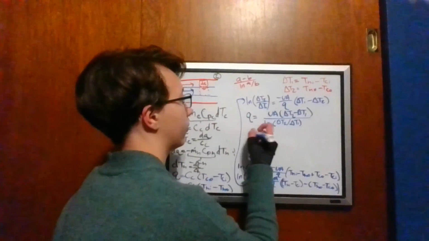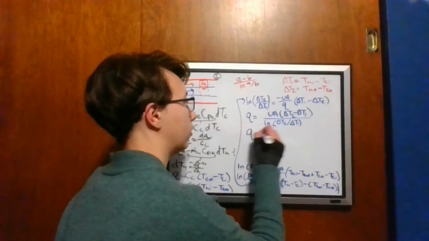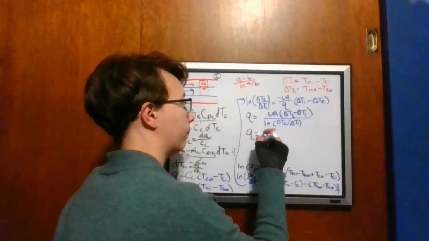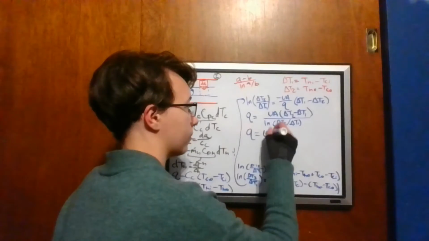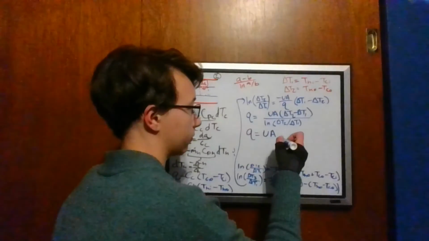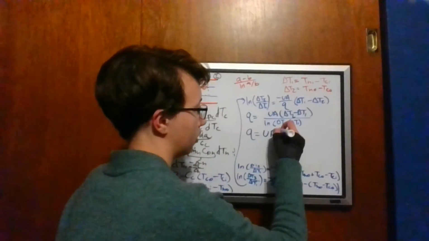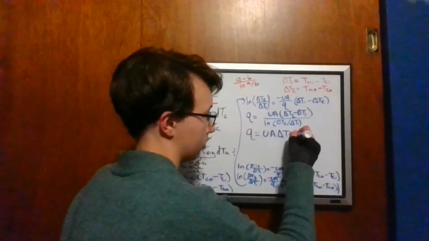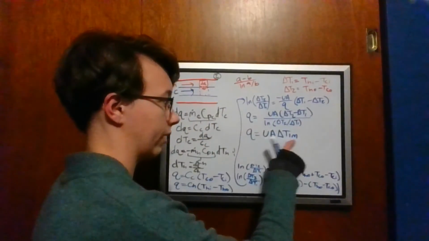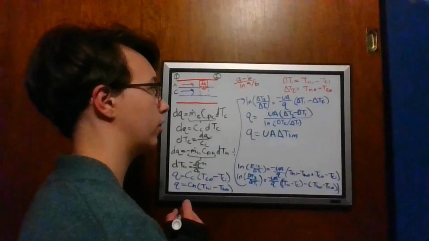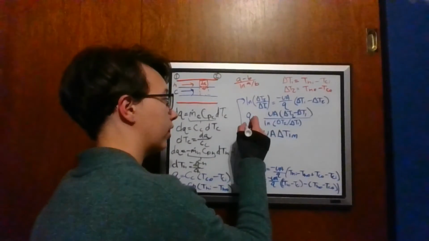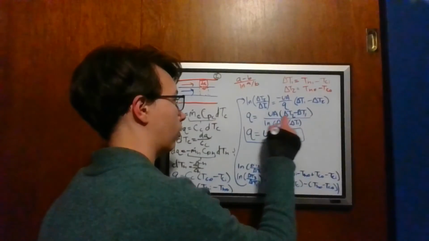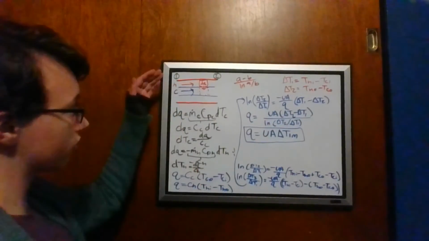So we can simplify that part and have that Q is equal to the heat transfer coefficient times the area times the logarithmic mean of delta T. We'll use a sub Ln to denote that.